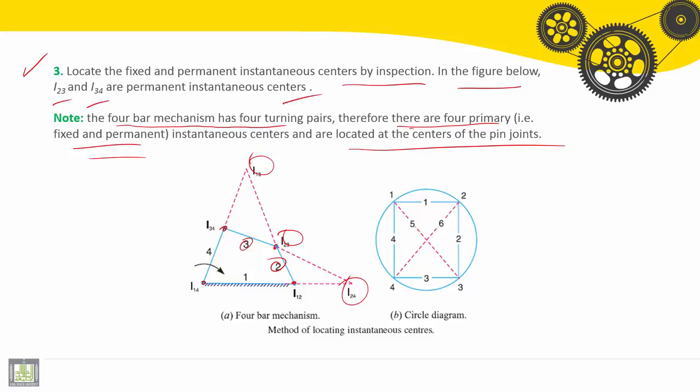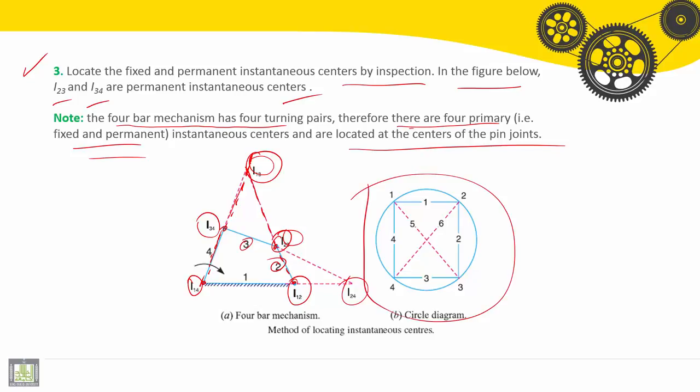Now, the instantaneous center of rotation I13: you can remark that it is the intersection between the straight line I14, I34, and the line I12, I23. If we make the circle diagram here, we have link number 1, link number 2, link number 3, link number 4.